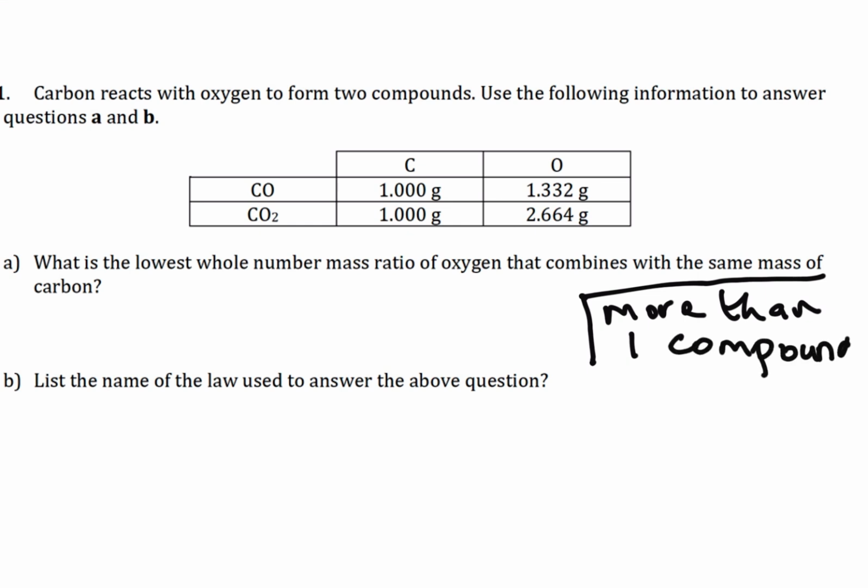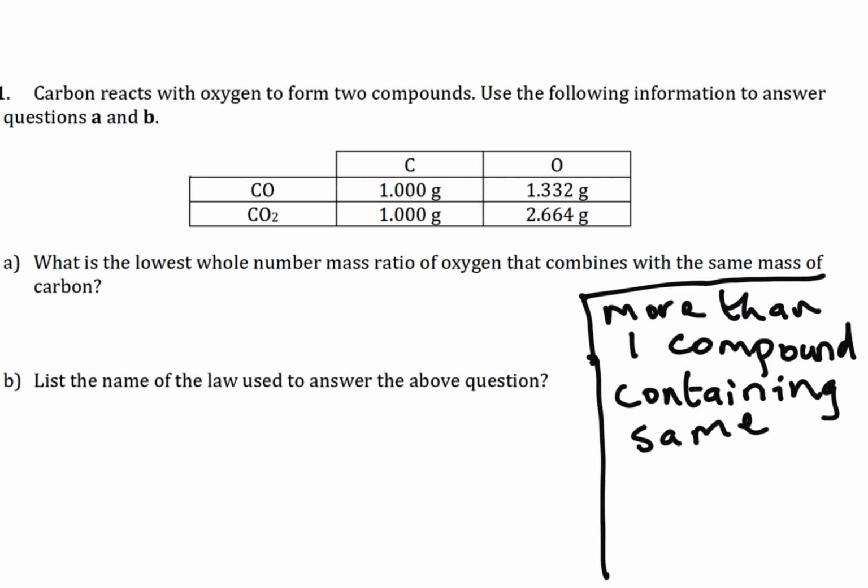The second thing you need to know is that they contain the same elements. This is a very important thing to remember about the law of multiple proportions: it will talk about more than one compound, but even though there are 2 or 3 compounds, they will have the same elements.